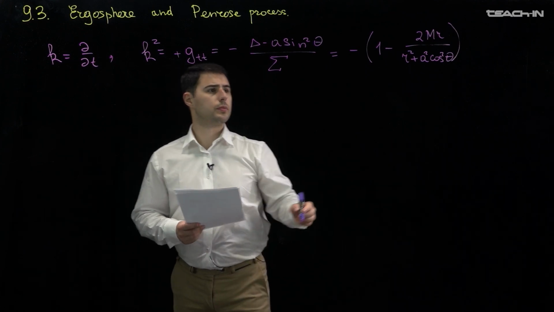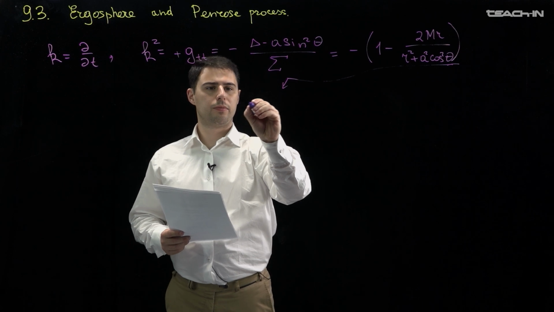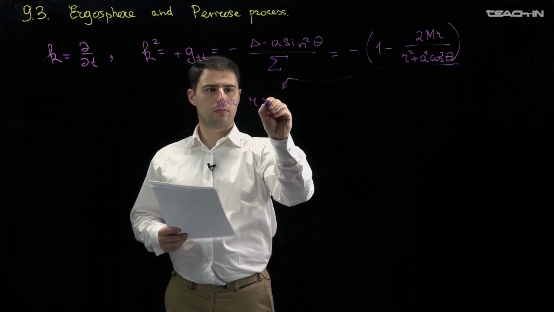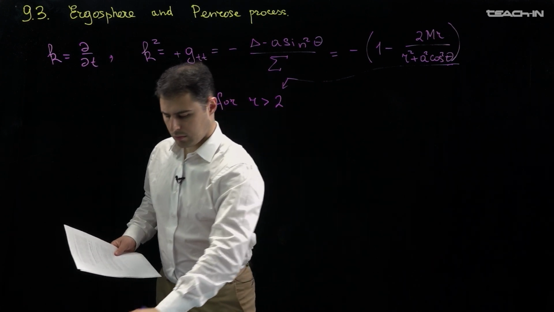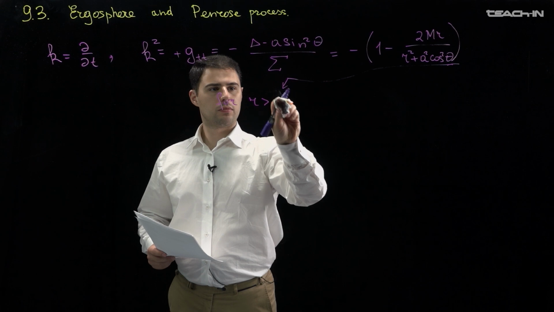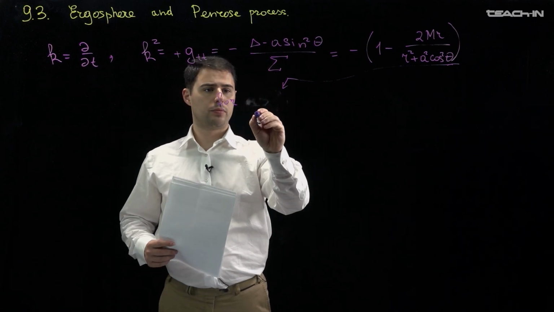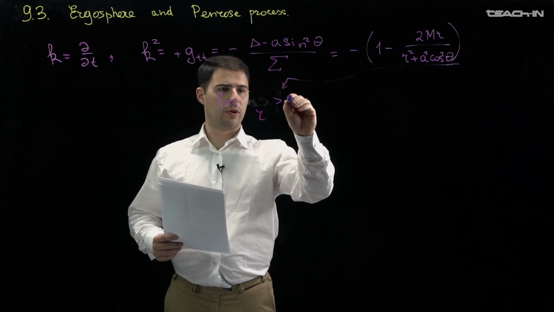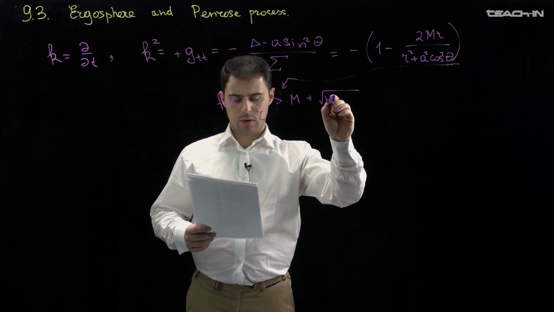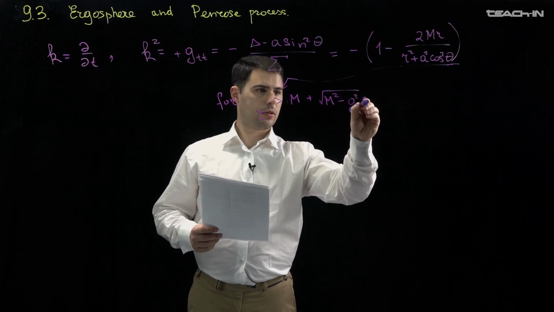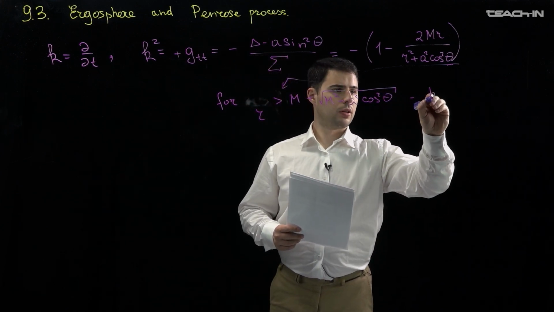So this means that for r greater than m plus the square root of m squared minus a squared cosine squared theta, K is time-like.